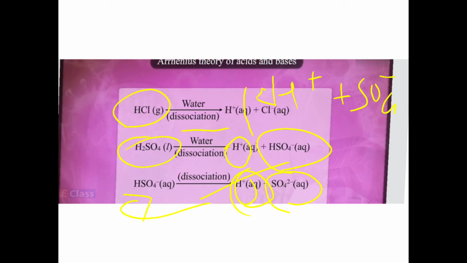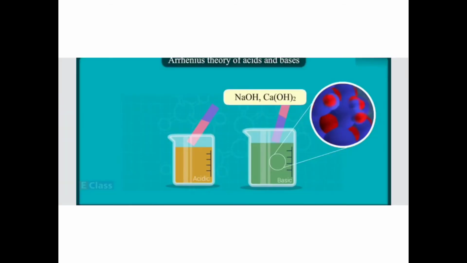Now you can observe here also you got H, here also you got H. So what is an acid? An acid is a substance which on dissolving in water gives rise to H plus ions as the only cation.